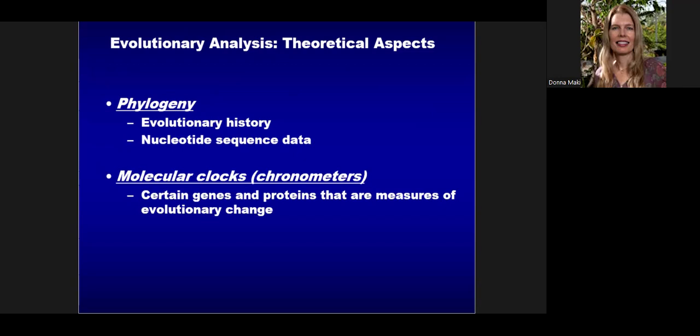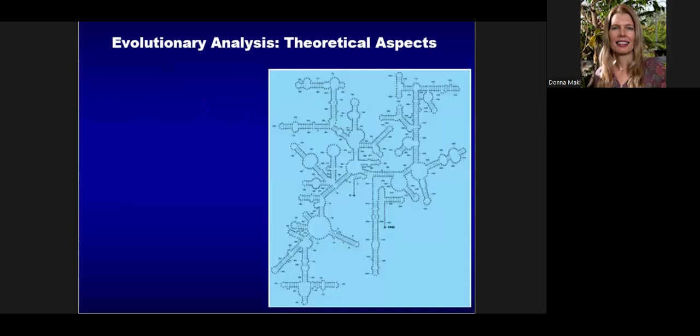They had to pick a gene or something that was effective at measuring evolutionary change in the right way. Every organism has it, and it doesn't change too fast. It was a lot of effort to come up with this idea.